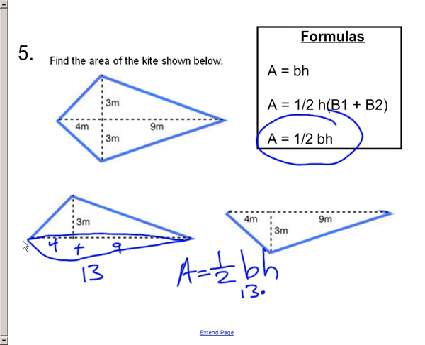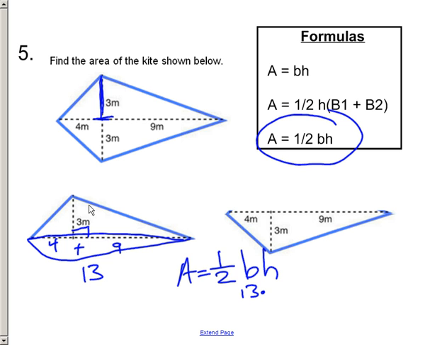And then the height, remember, is always perpendicular or a right angle with the base. So even though this kite is 6 all the way across, if I take half of that, the height of just one of the triangles is just this part. So if you're given the length all the way across the kite, if you want to find the height of just the triangle, make sure you take half of it.